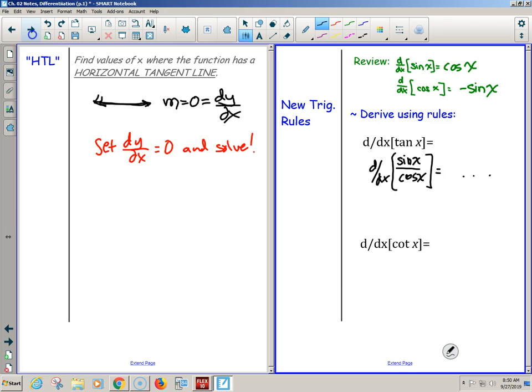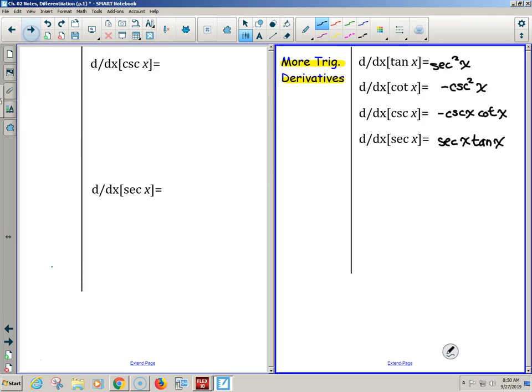But all that work for each of these, rewriting them as quotients and actually finding them, each of those end us in some really nice rules that you are going to memorize. So take a picture of those more trig derivative rules. I'll show you on Monday where they come from using the quotient rule, but long story short, you don't need to know where they come from. You just need to memorize them and use them.